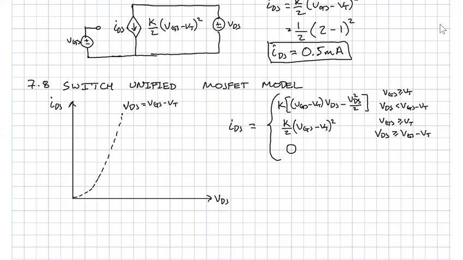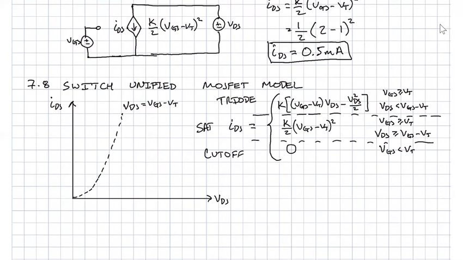And in cutoff, that one's easy. We just know that VGS is less than VT. So we could delineate these modes. This is triode, which is the only thing new about this model. The middle one is saturation, and the bottom one is cutoff.